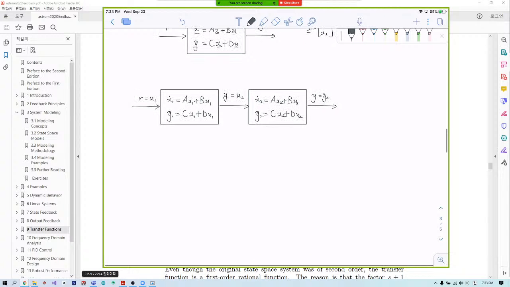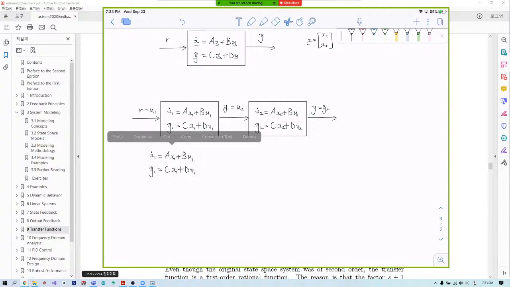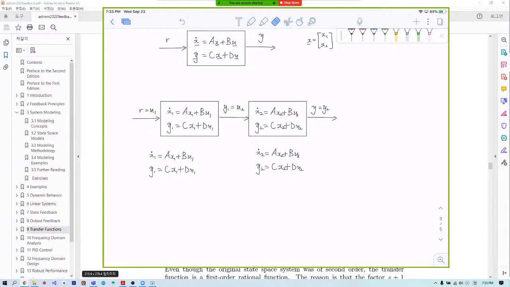Let's write down some key relations. I'll just copy and paste what we have here and substitute known values. For example, we can put R in place of U1, and then here we can use Y1 in place of U2, but at the same time we already know that Y1 equals this expression right here, Cx1 plus Du1.